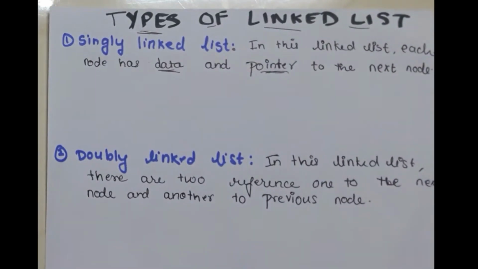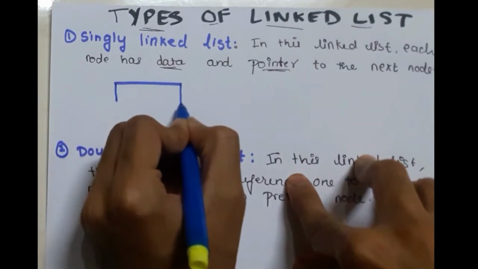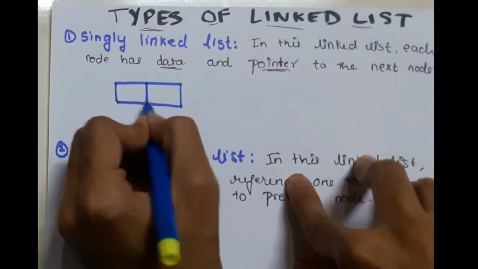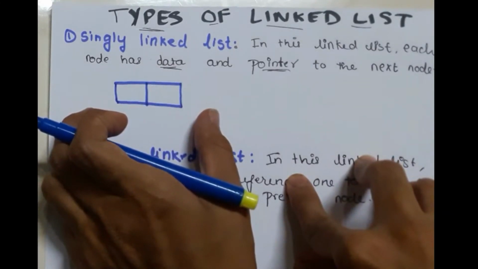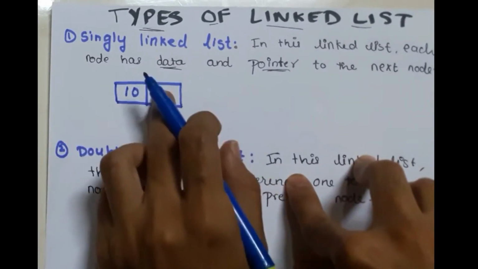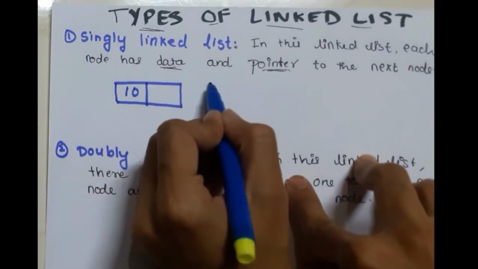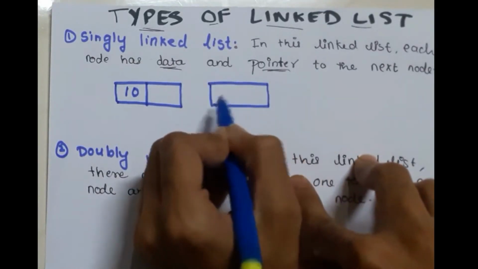Okay. So here I will draw the node structure. So this is a node of singly linked list. It has two fields. First field is the data field and the next field is the address field or pointer. Okay. Now let us consider three nodes.